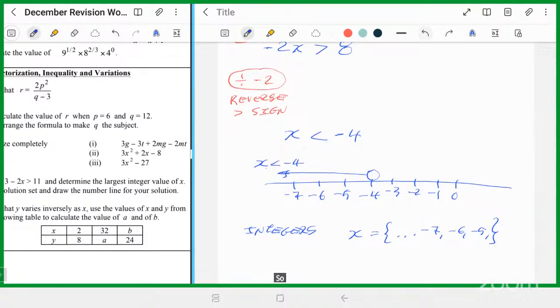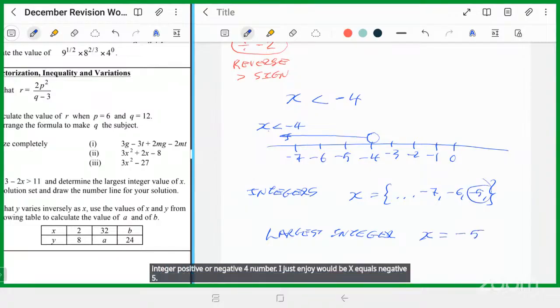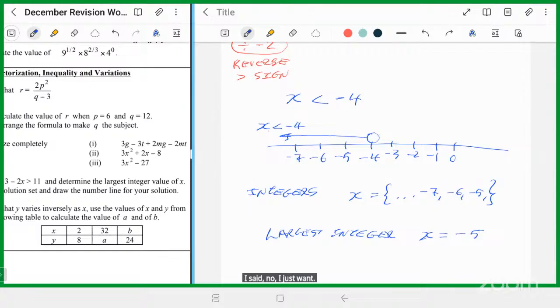So this will be the largest value. Alright, so the largest integer, if x is an integer, remember integers are positive or negative whole numbers, right? The largest integer would be x equals negative 5. That's the largest one that x could be.